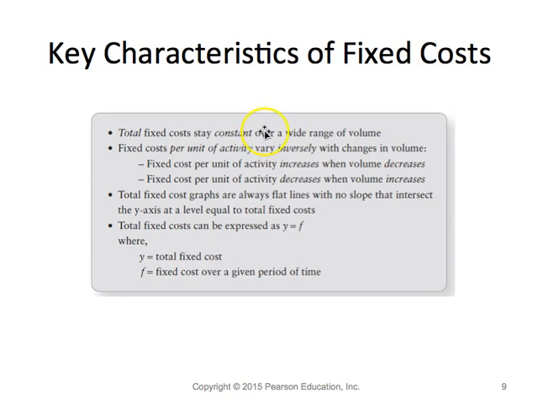So we want to find the fixed cost per unit. $1,000 divided by 5,000 units is 20 cents per unit.